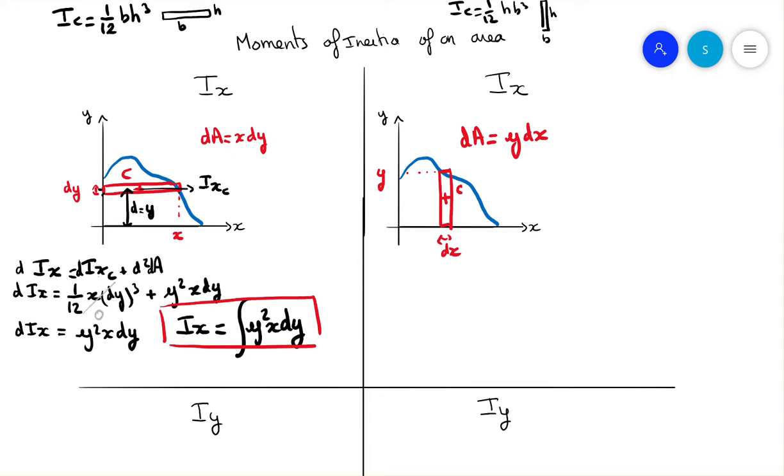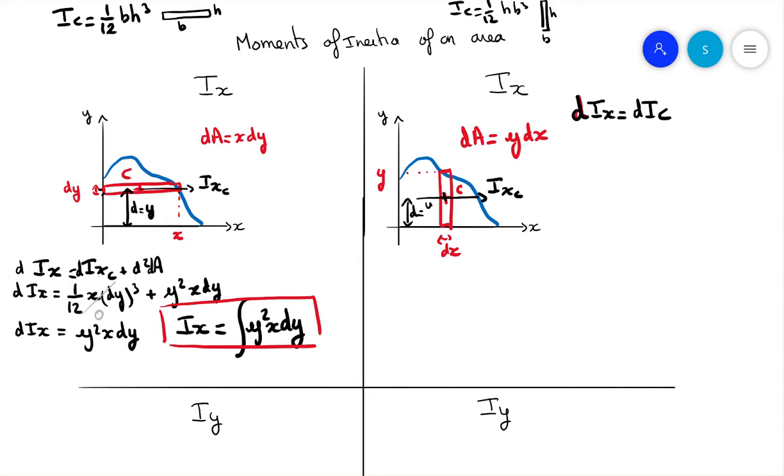Now, for dIx, that's my Ixc. That's my moment of inertia about C. So it's equal to dIc about the centroid plus the distance d, that is equal to what?